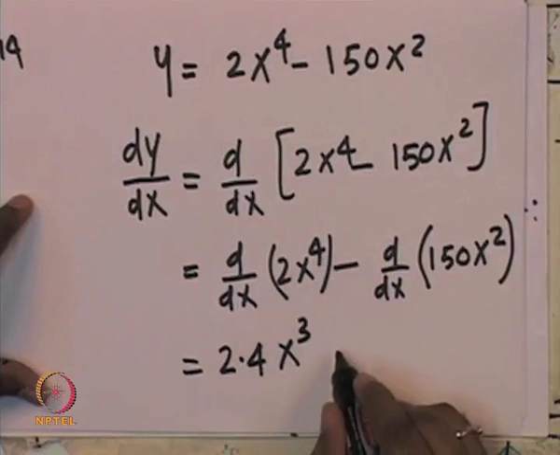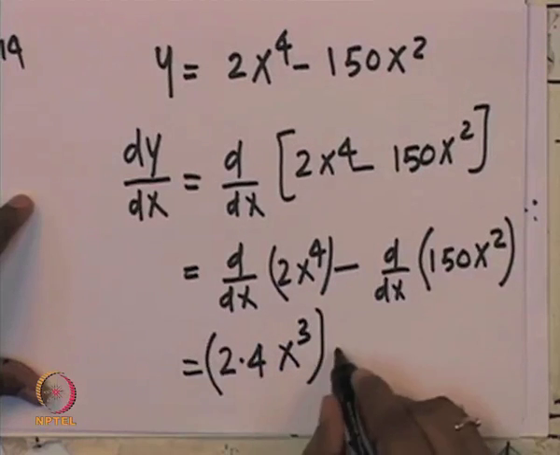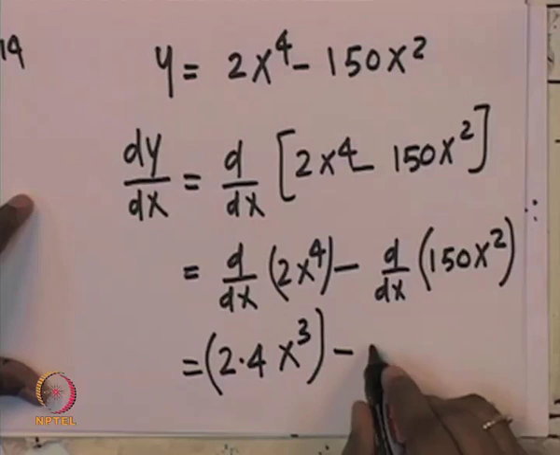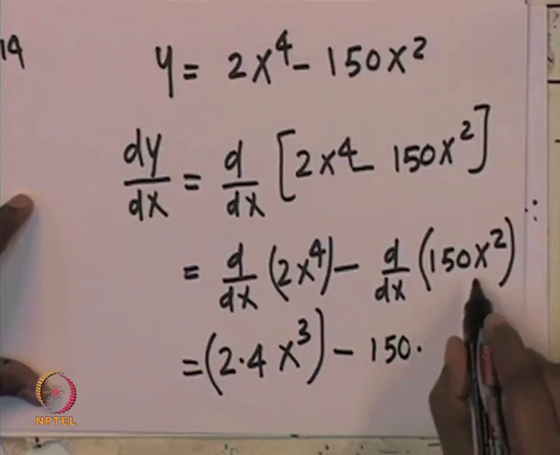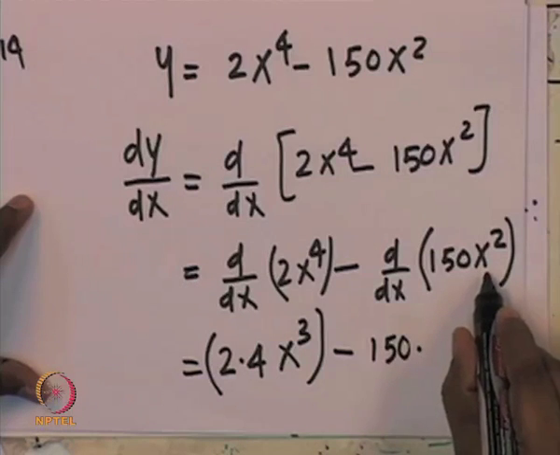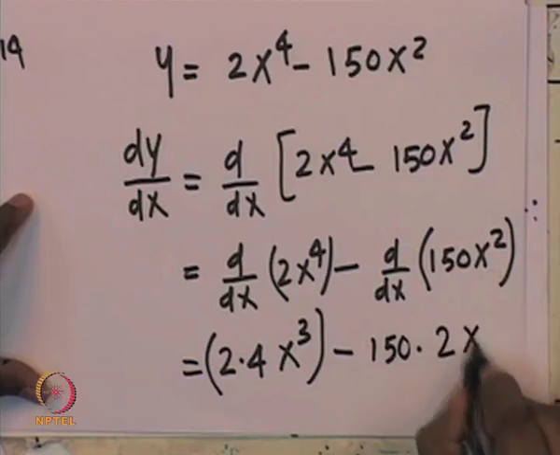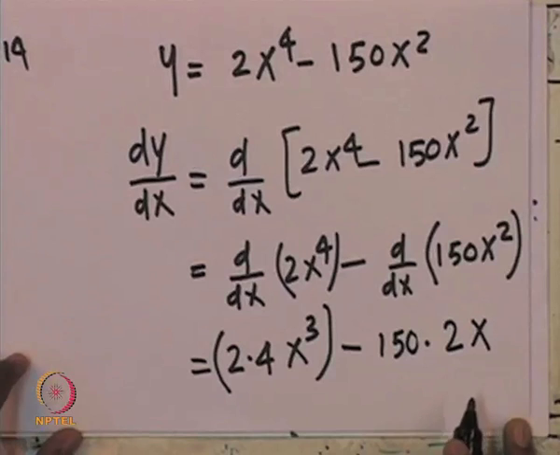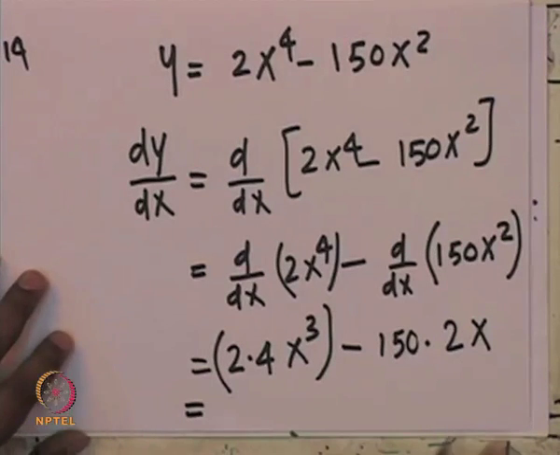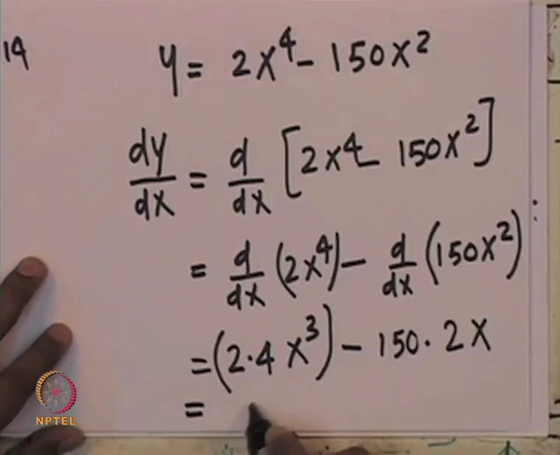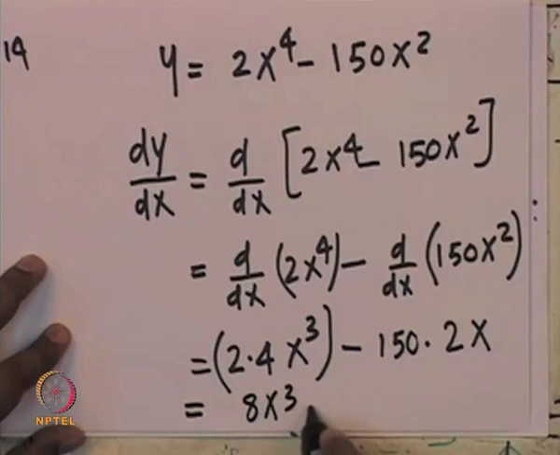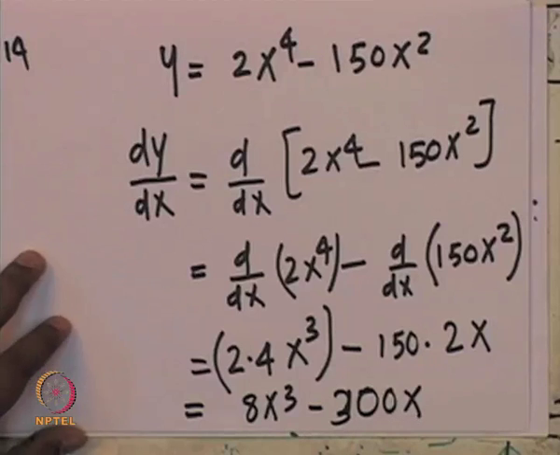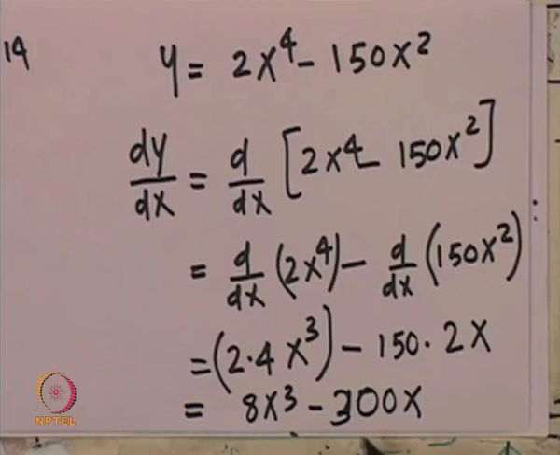This is the first part. Minus 150, you can take out, and the derivative of x square is 2 into x power 1, so 2 x. So, this is nothing but 2 into 4 is 8, 8 x cube, minus 150 into 2 is 300, so 300 x. So, 8 x cube minus 300 x.